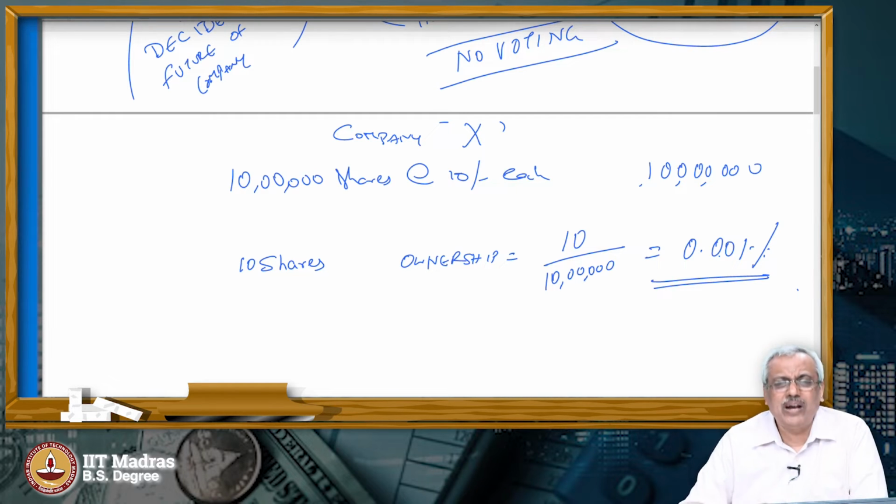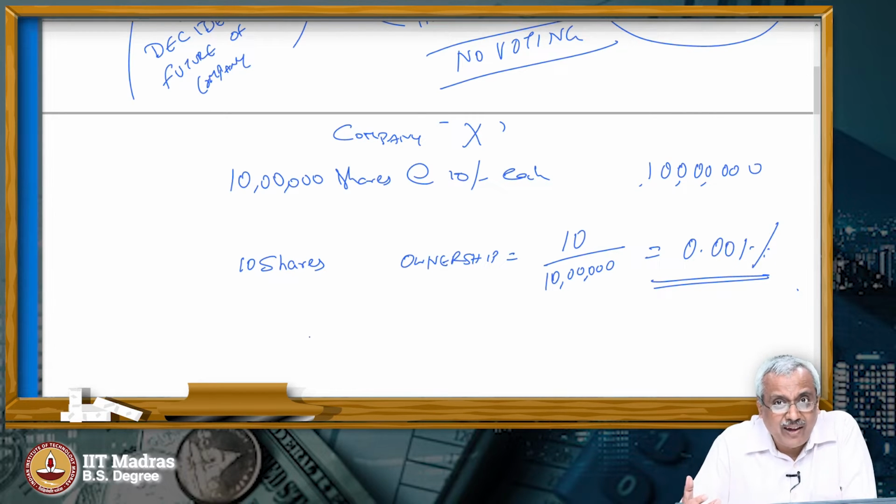Having 0.001%, you will obviously not have any controlling right. You will be an owner to the extent of 0.001%. Then who sits and makes decisions? Who controls? The majority stakeholder basically makes the decision.